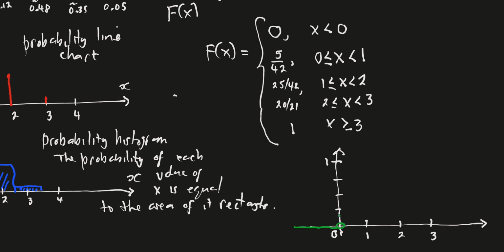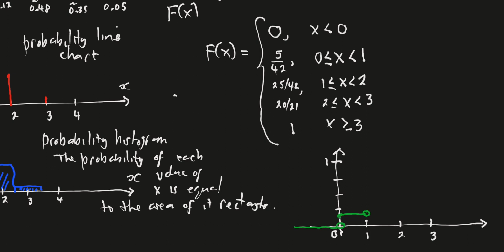So let's just say this is 5 over 42, right? So it jumps up there, and then it's going to take on that value, again, a constant value, until you get to 1. At 1, you'll have another jump. So that circle will be open, but then when it jumps up, the next one will be filled in.